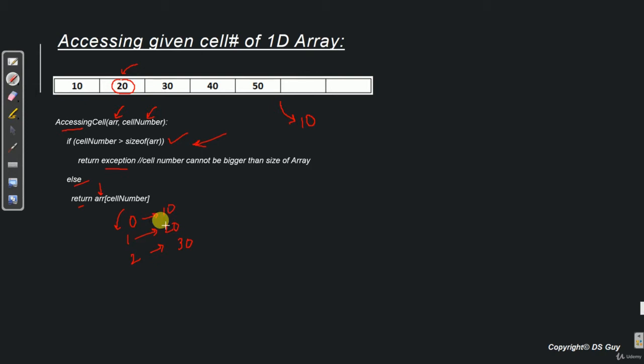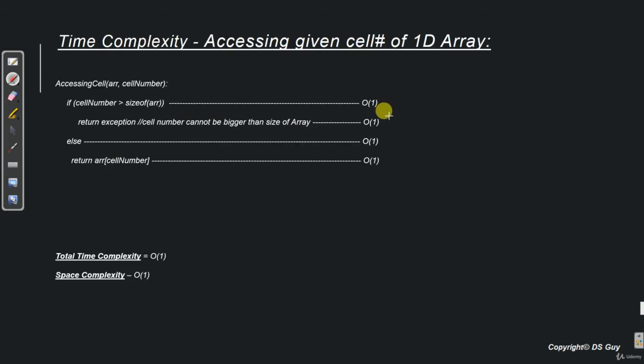Now let's see what is the time complexity of this algorithm. As we can see, we have 4 steps in this method. Comparing the cell number with the size of the array is a constant time operation. Hence it will take order of 1 time. Now if it turns out true, in that case we return an exception. Returning an exception is once again a constant time operation.